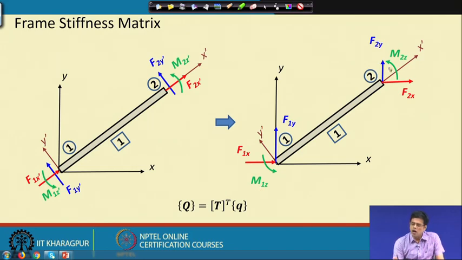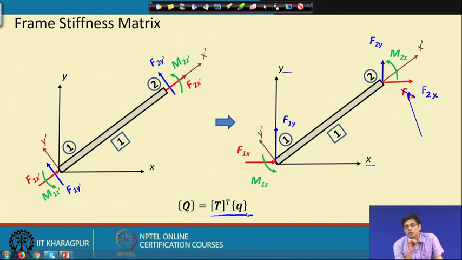Similarly for node 2, this will be F2x, F2y, F2z. Now we also know that if we know these quantities, then we can go to the structural x y coordinate system, and this is T transpose Q.